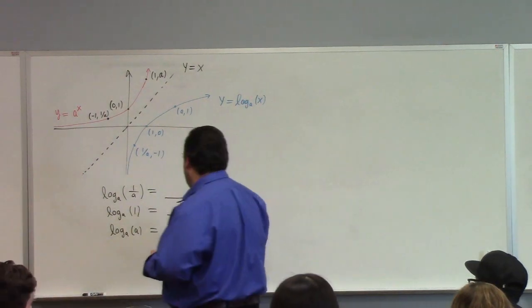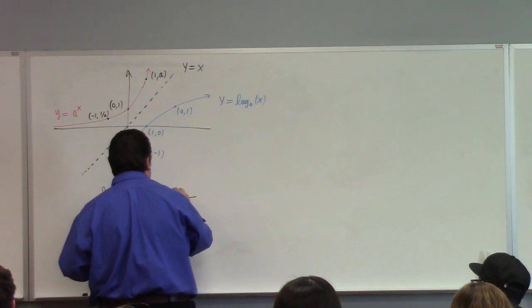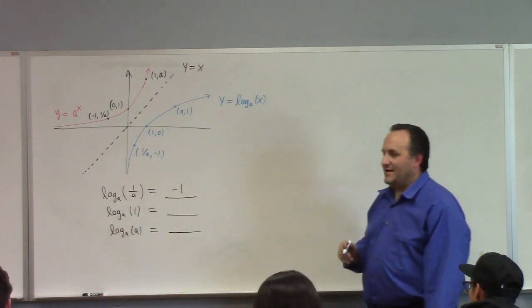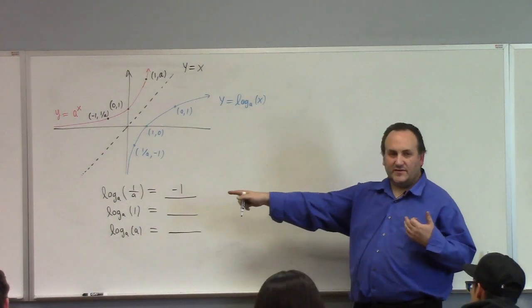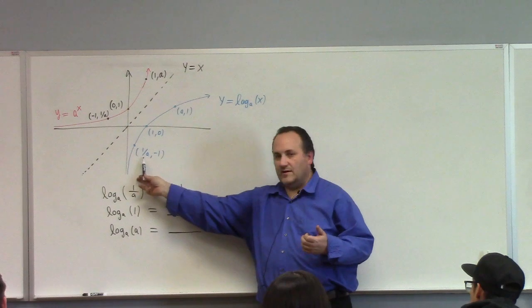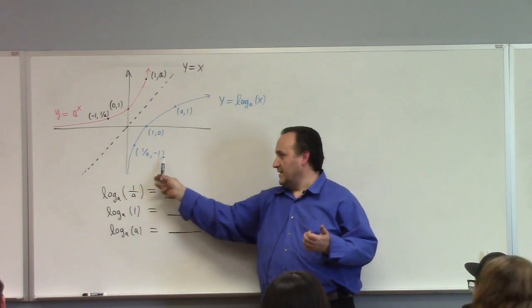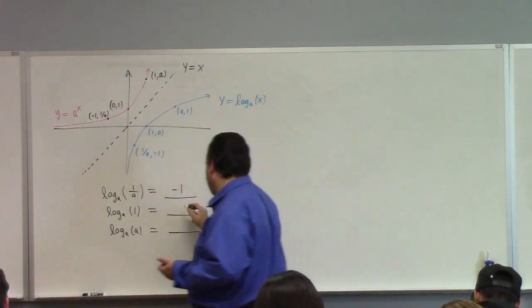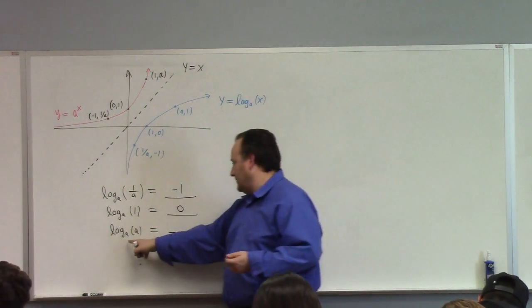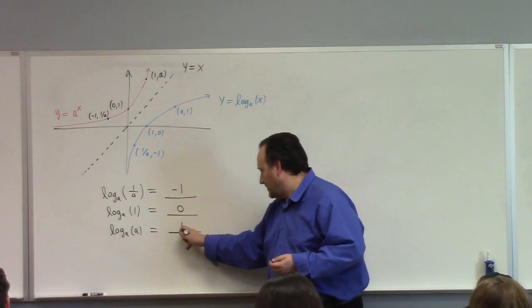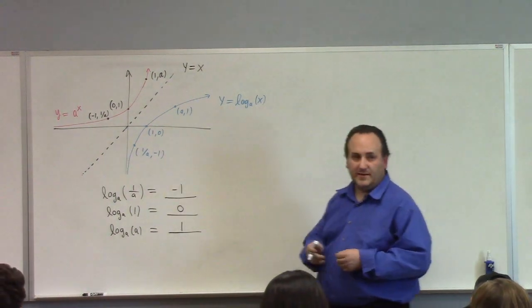Too soon? Votes are meaningful. Yeah, negative 1 is the right answer because that's a to the negative 1, right? So correspondingly, this point right here. Log base a of 1 over a is negative 1. Log of 1 is 0. And log base a of a is 1. Those are the 3 points that I graphed, right?